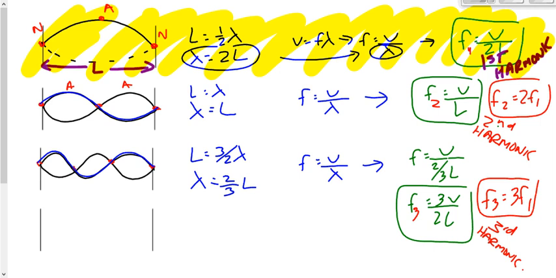The reason we did derive a couple more was just to show you mathematically that the second harmonic is twice the first harmonic and the third one is 3 times the first harmonic. You don't really need to be able to derive those or use those equations. Make sense? Okay, we're going to do a question on that in just a second. When we do any question involving standing waves, I want you to remember this.